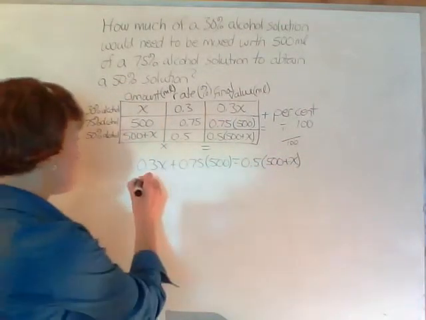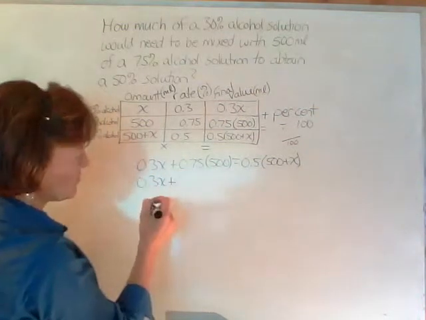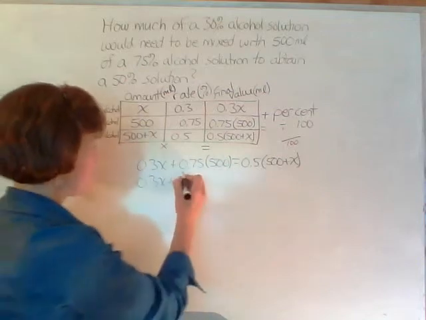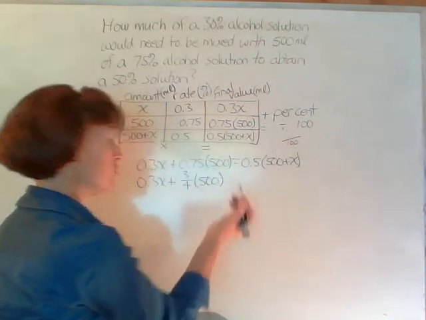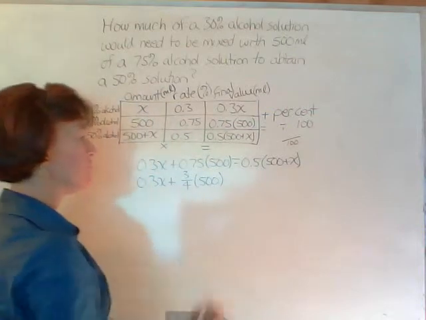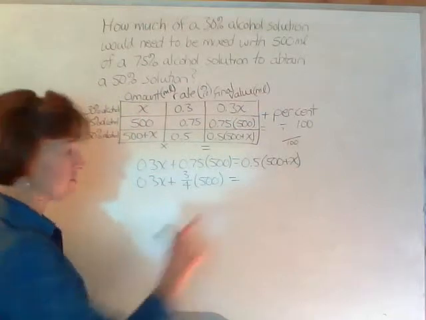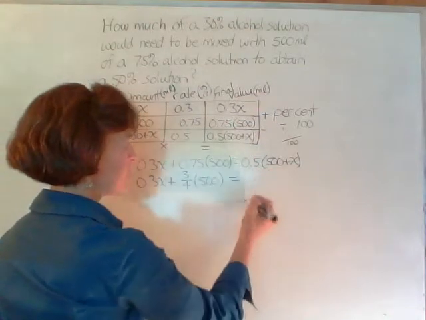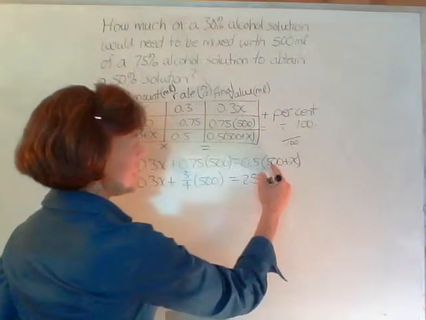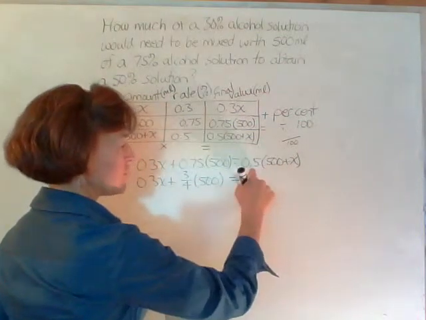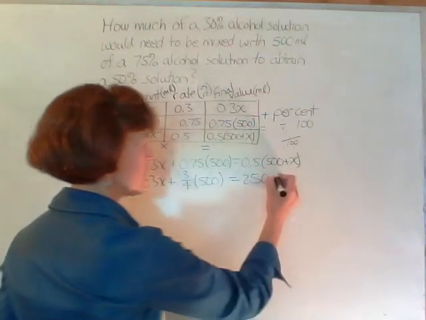I'm going to change 0.75 to 3/4 times 500 because I'm not using a calculator. I could do it in decimals if I wanted to, but I think the math might be a little bit easier this way. And then 0.5 times 500 is real easy because 5 times 5 is 25, and I add one less zero because the decimal moves it back one.